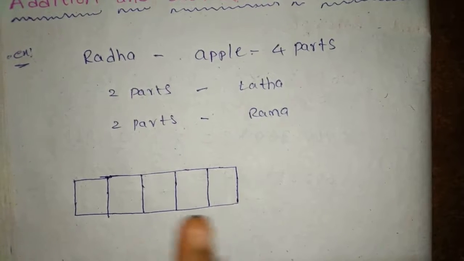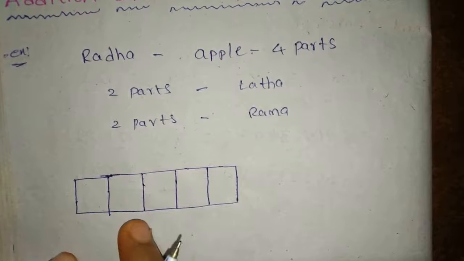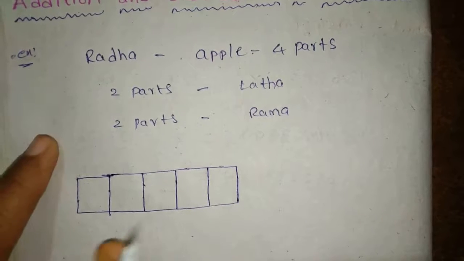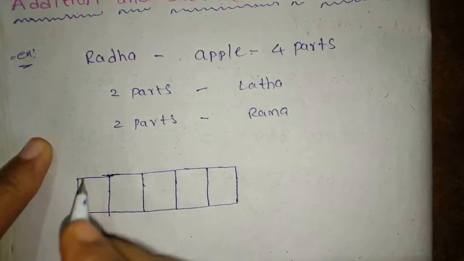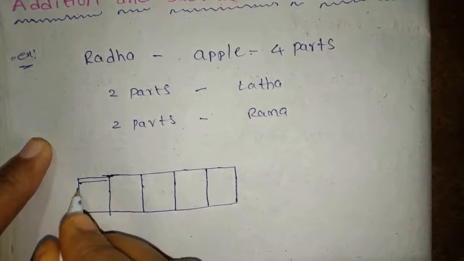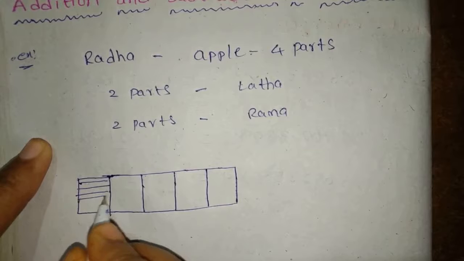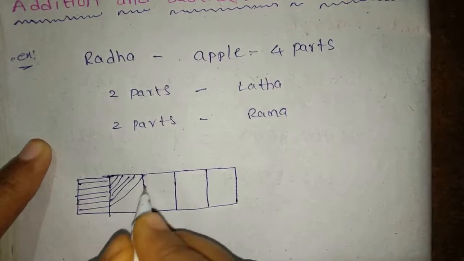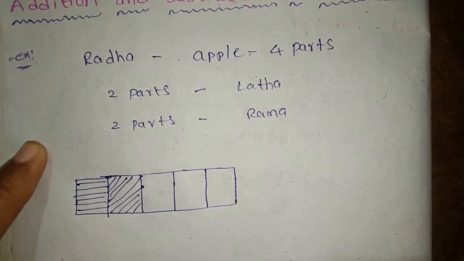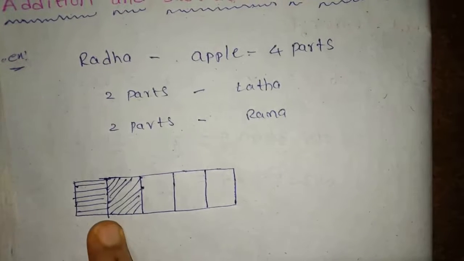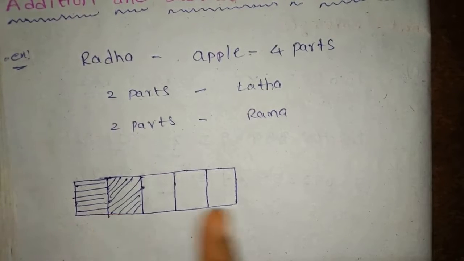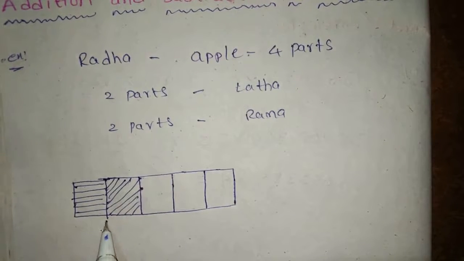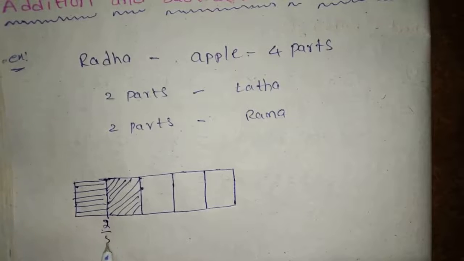For example, let us take a rectangle which is divided into 5 equal parts. Out of 5 equal parts, 2 parts are shaded. So this represents 2 by 5.